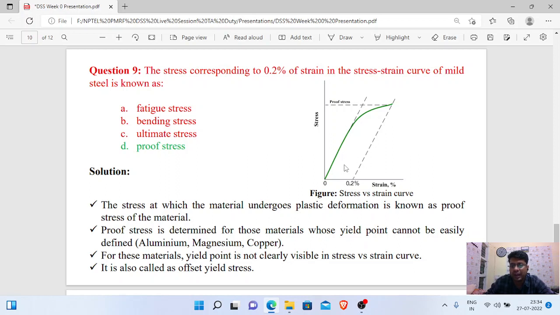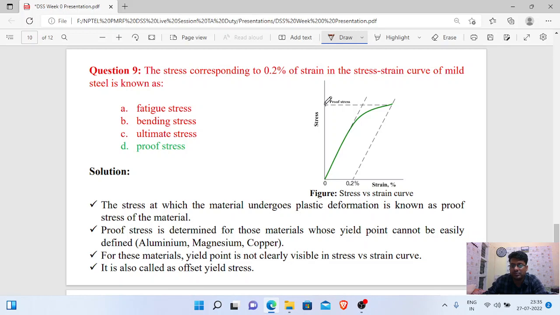After shifting this line up to 0.2%, this line will cut the stress versus strain curve at this point. Corresponding to the point where it cuts the stress versus strain curve, we get a value of stress.